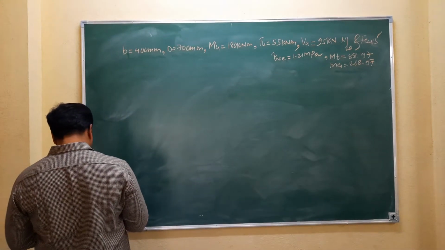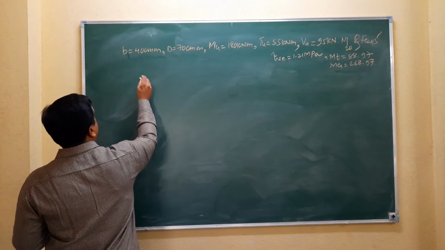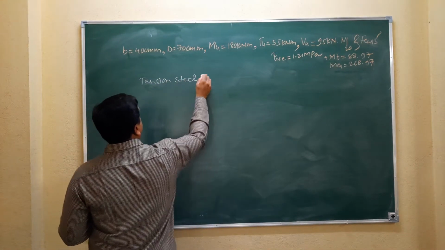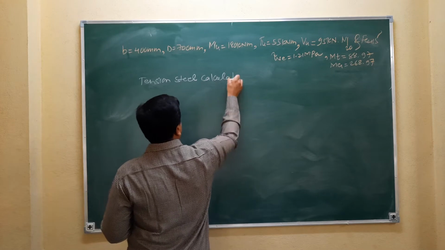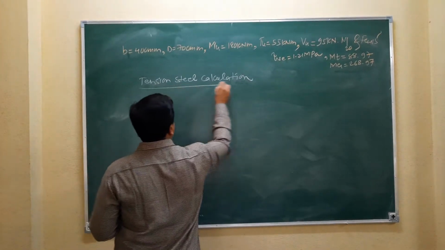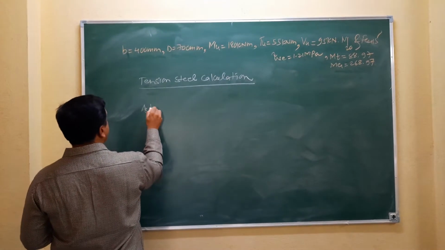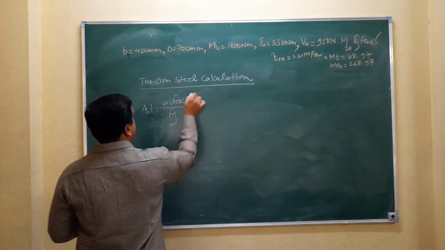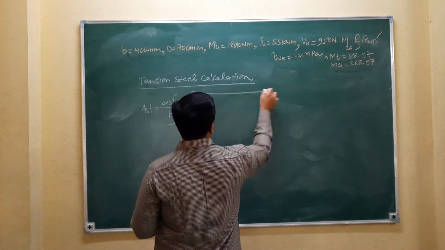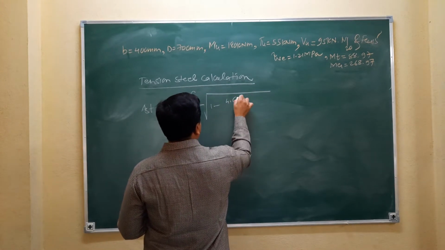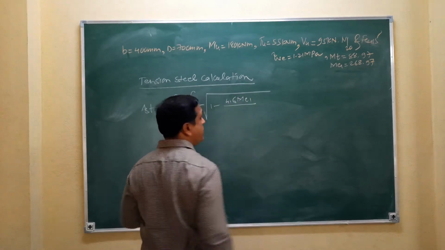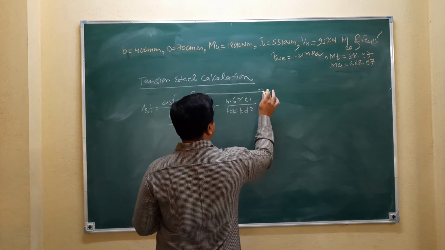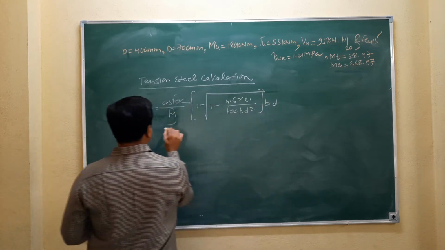Now tension steel calculation. Because the section is under-reinforced, we put this formula: 0.5 fck divided by fy into bracket 1 minus under root of 1 minus 4.6, instead of Mu you have to put the Mu1, divided by fck b d square, into b d.